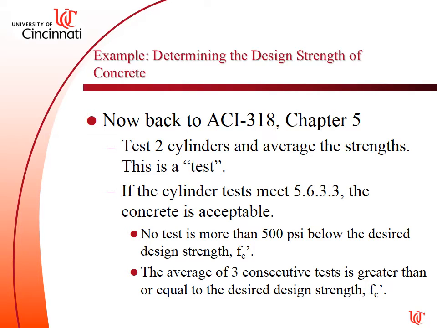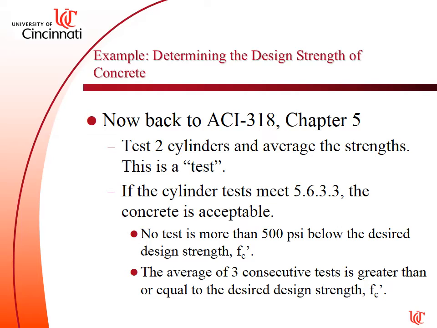All right, so if we go back to whether concrete cylinder strengths are going to be acceptable or not, we go back to the very first thing we showed you. There's really two parameters here. One is no test, and again, test is now 2 cylinders, is more than 500 psi below the design strength, and they call that design strength F prime C. That would be the strength established on a set of plans, in general notes, or in a project specification.